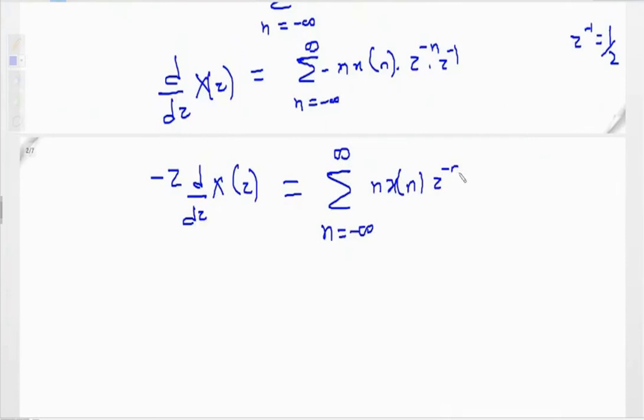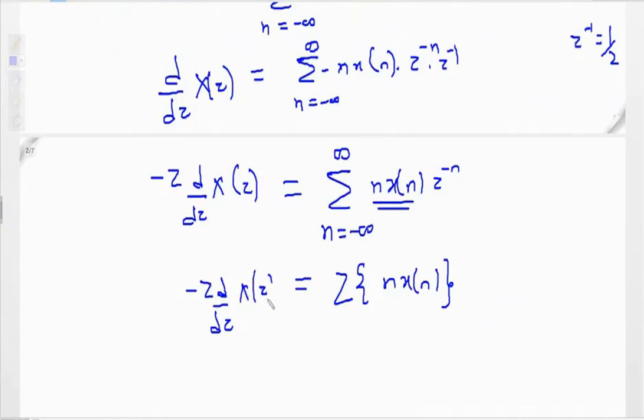Now if I compare with the definition of the Z transform, on this side we have n x of n, rest of the things are same. So that is nothing but the Z transform of n into x of n. So the Z transform of n into x of n is minus z d by dz x of z. This way we have verified the differentiation property of Z transform, or the multiplication by n property of Z transform.